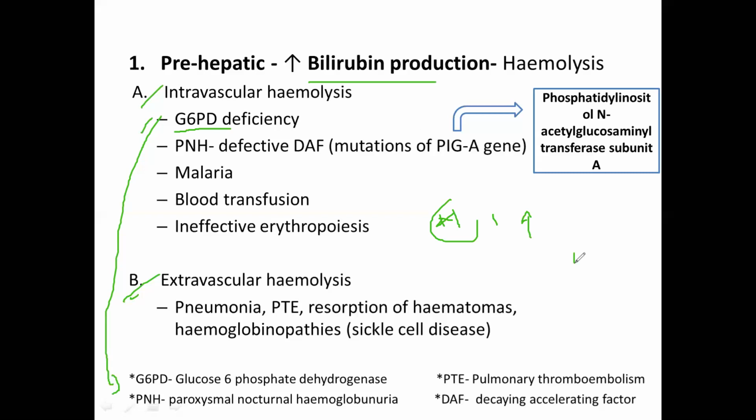If the patient has normal G6PD enzyme, what will happen? This enzyme will protect the red blood cells from oxidative stress, and there will not be any breakdown of RBCs. So that's why G6PD deficiency is one of the most common reasons for intravascular hemolysis.